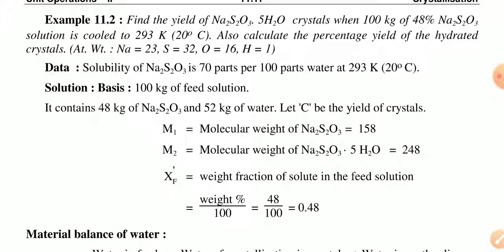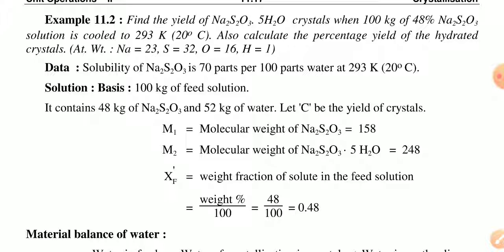Now we have found all the molecular weights. The 100 kg of feed solution contains 48 kg of Na2S2O3 and 52 kg of water. Let's see the yield of these crystals.